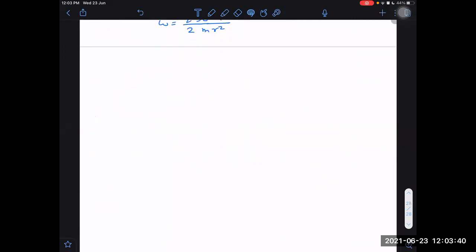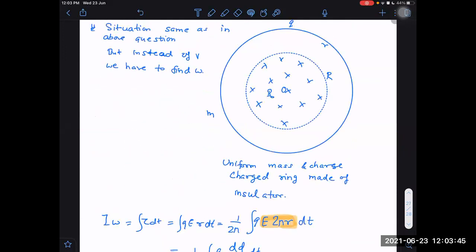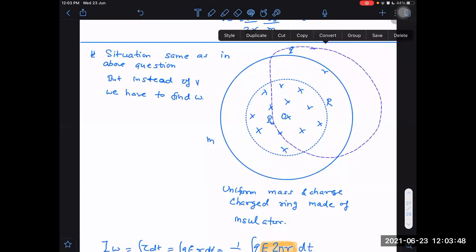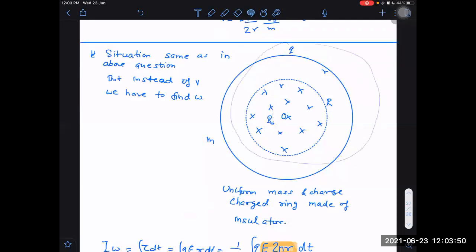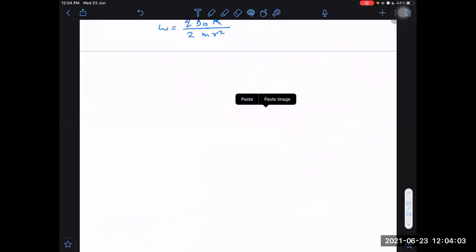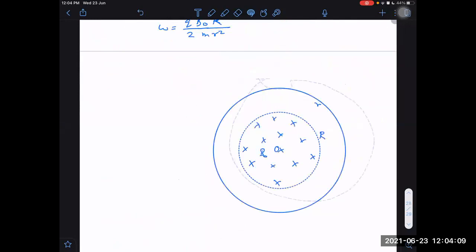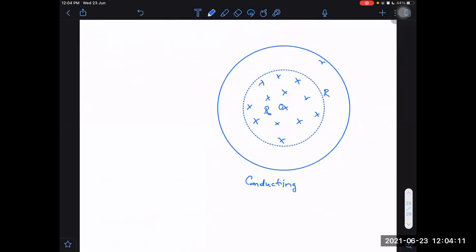Next question. Again, same situation, but slightly changed wording, and then again the question will change. Conducting ring. Initially, it carries 0 current.